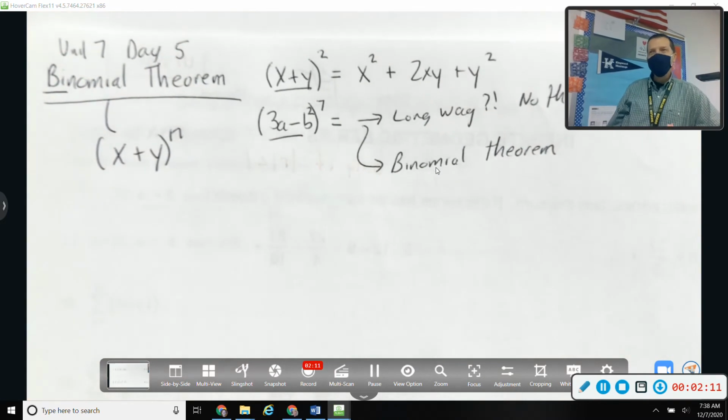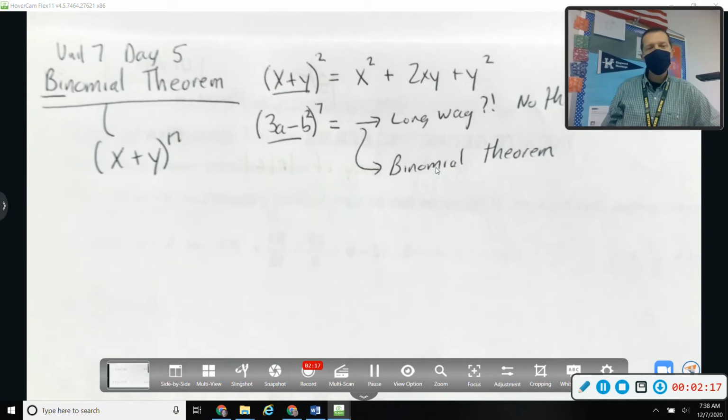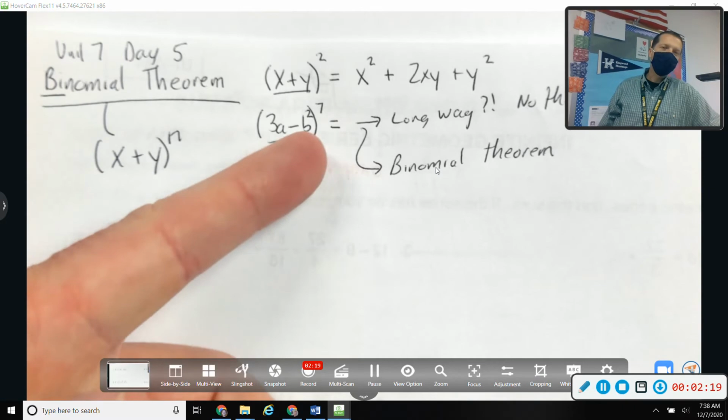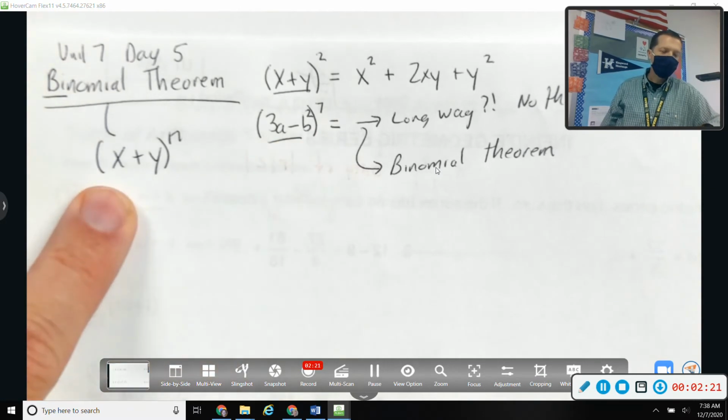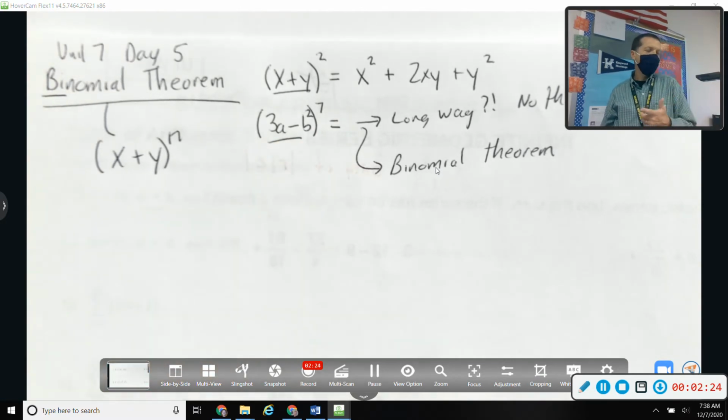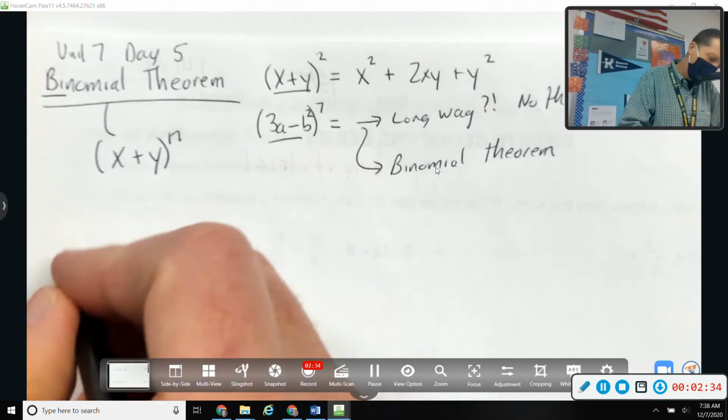If n is 1, it's super easy. If n is 0, it's the easiest. If n is 2, it's not bad. 3 wouldn't even be too bad to multiply out. But if we got up to 4, 5, 6, 7, I don't want to multiply all that out. I want a shortcut way. So the binomial theorem is a shortcut. In fact, let's write out the first few lines of it and see if we can get the hang of the shortcut.